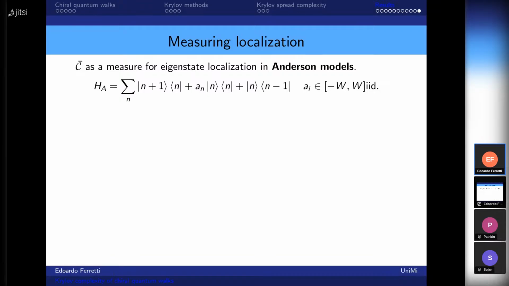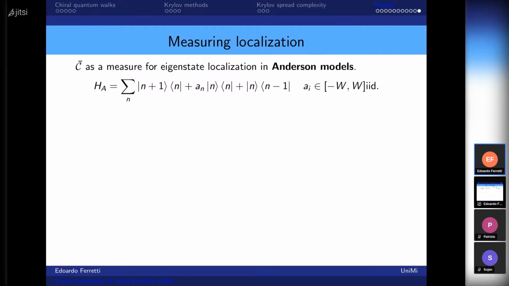This is a simple model to describe how doping a conductor makes it become an insulator, because as eigenstates exponentially localize, the transport of localized states, read electrons, becomes more difficult.